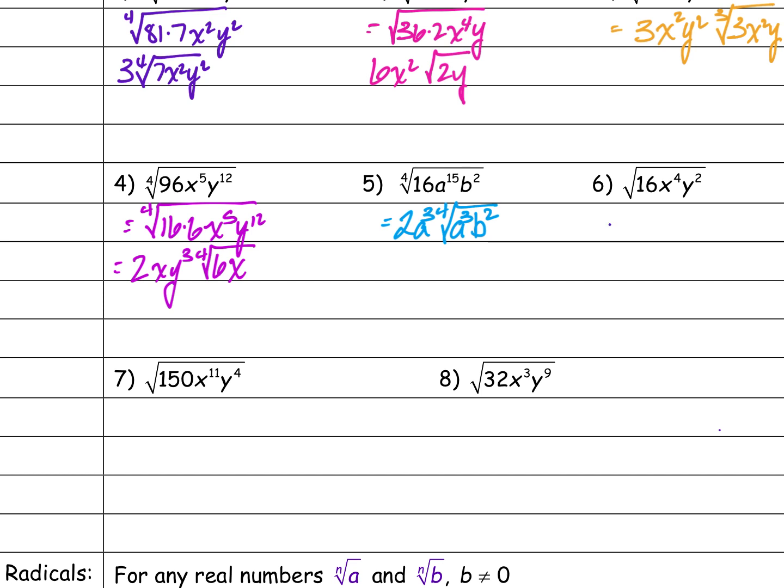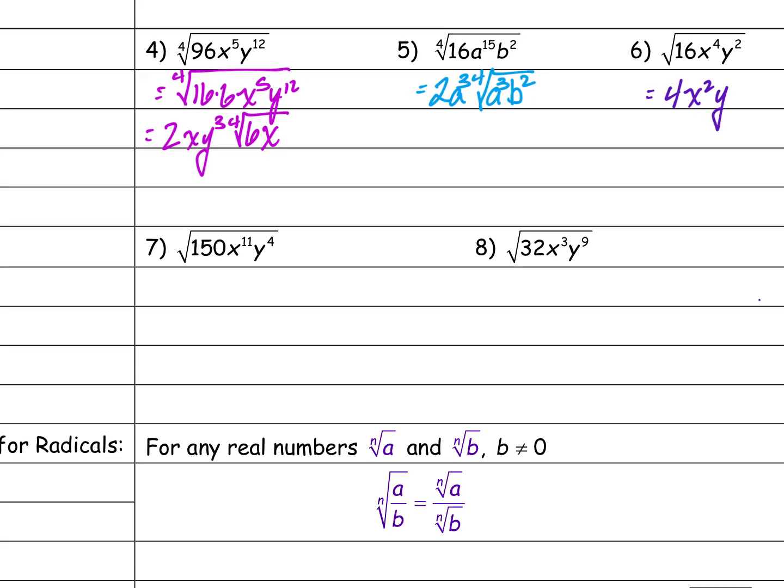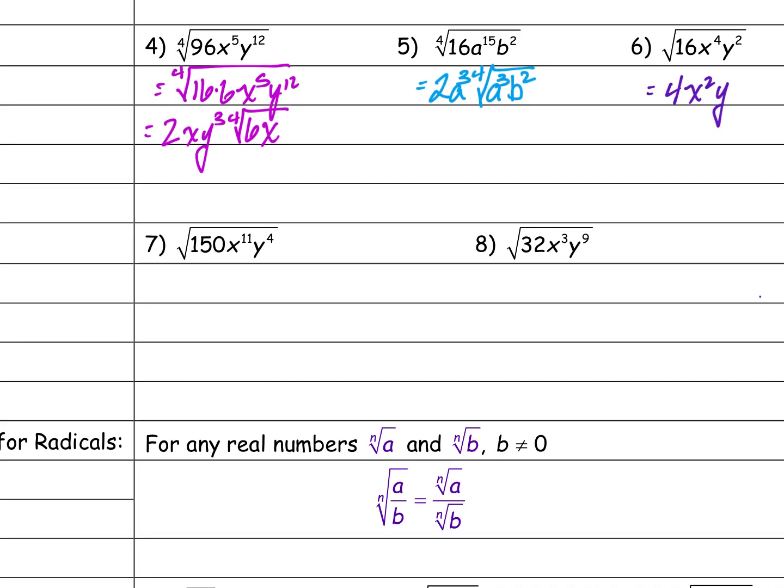And number 6 is 4x squared y. And number 7, I think it's 25 times 6, x to the 11th, y to the 4th. So that's going to be 5, x to the 5th, y squared, square root of 6x.